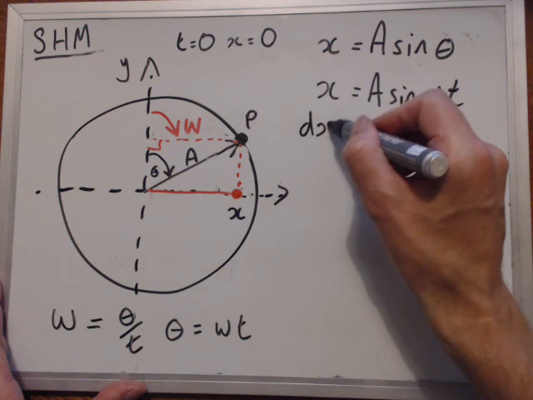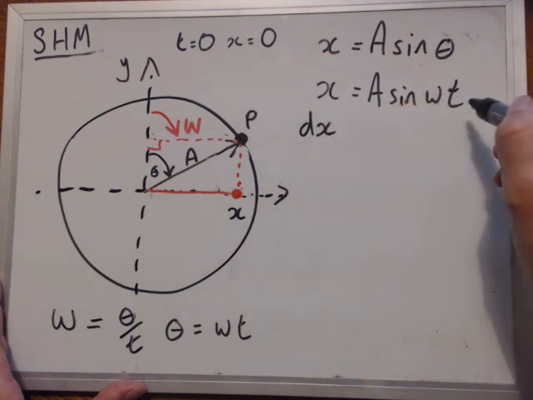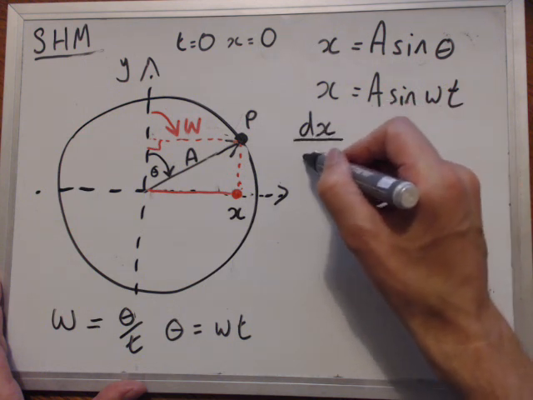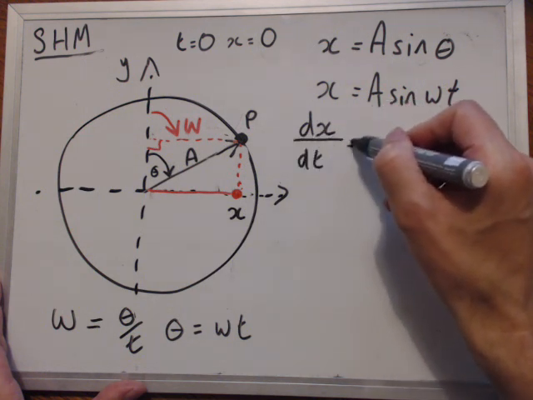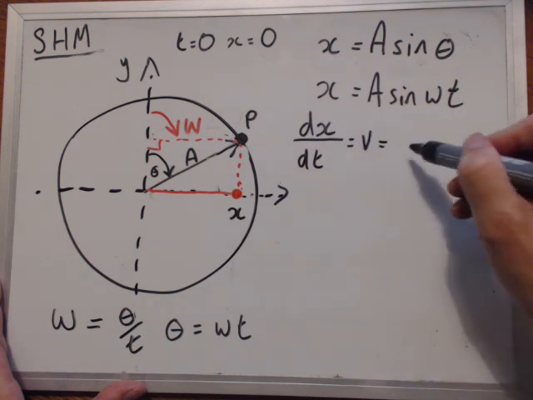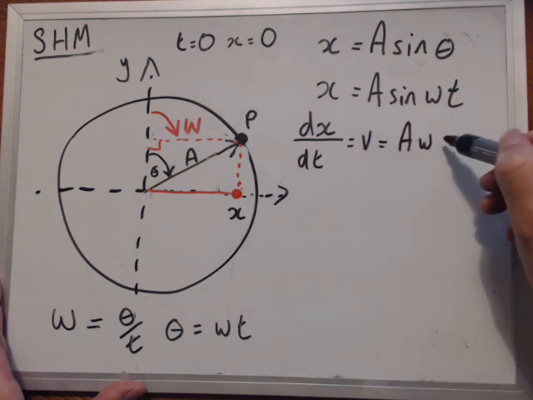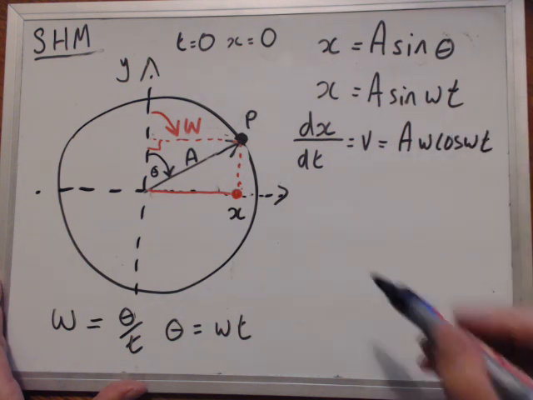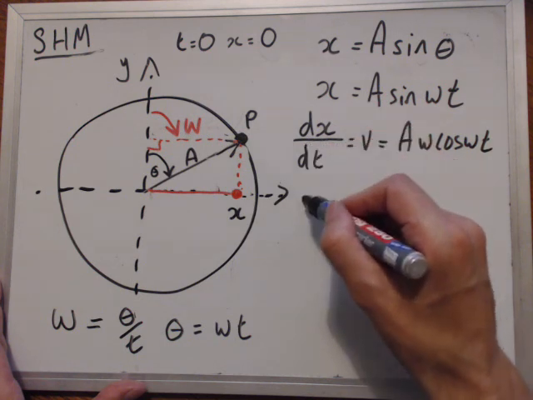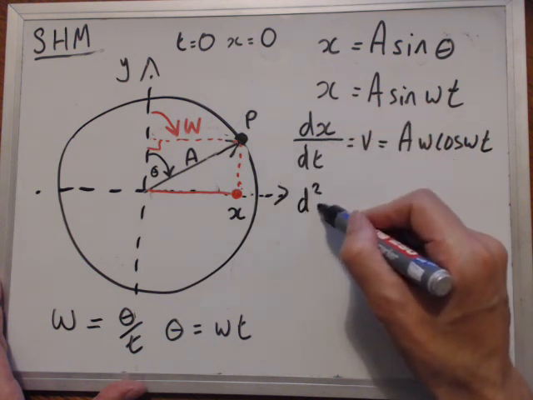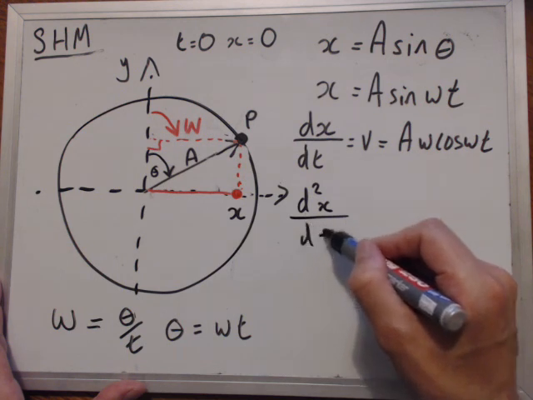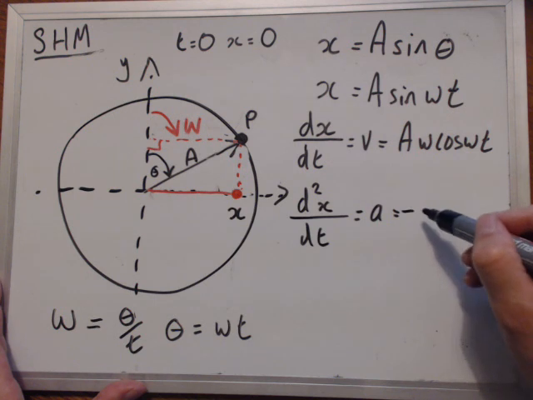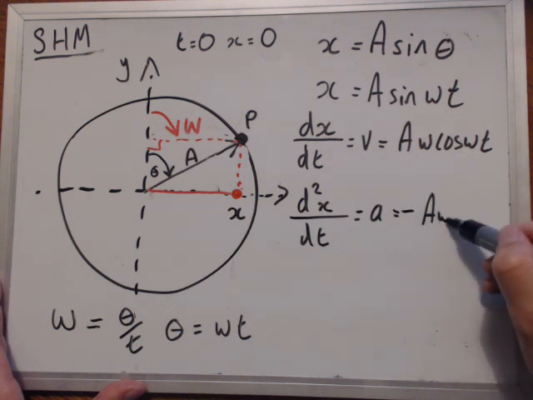So dx, differentiating with respect to time, omega being constant, dx/dt, which equals the velocity, is equal to A omega cos omega t. We're now going to differentiate again with respect to time to give us the acceleration, which is equal to minus A omega squared sine omega t.